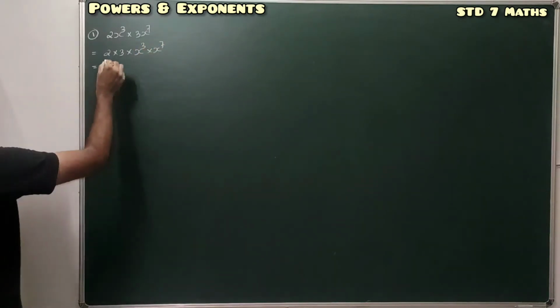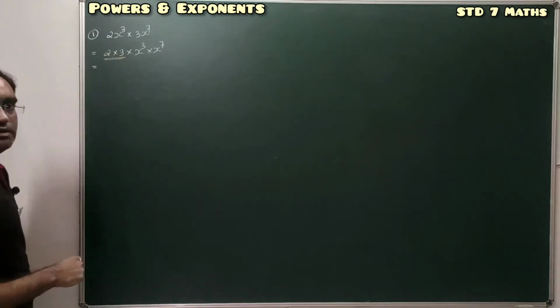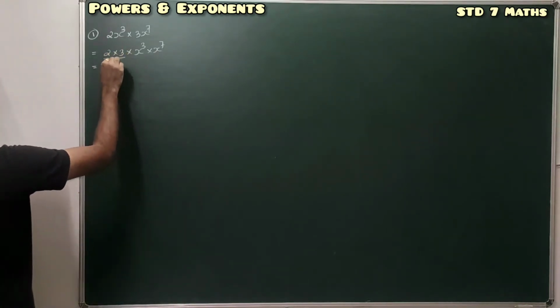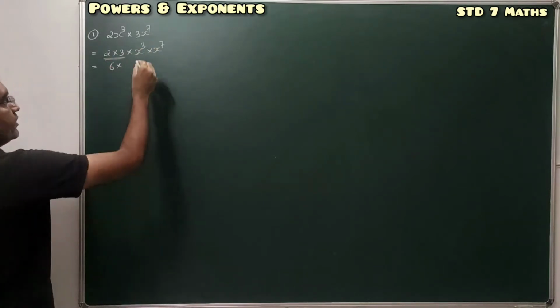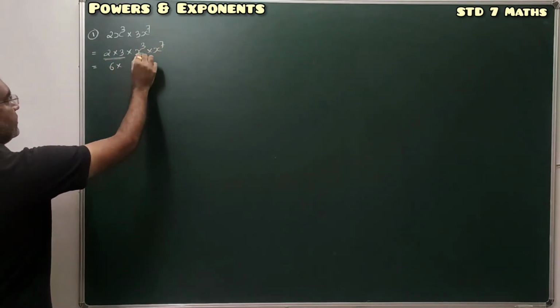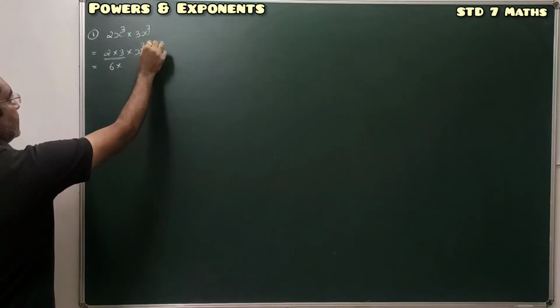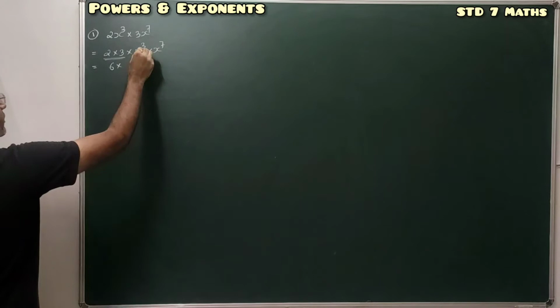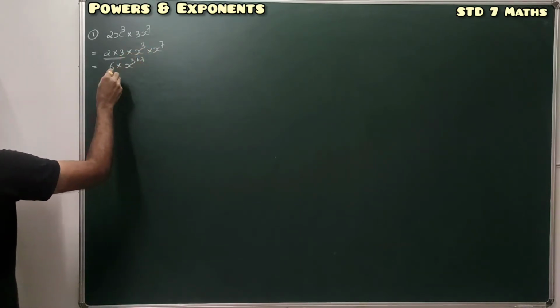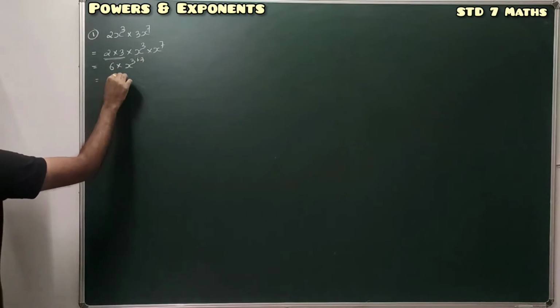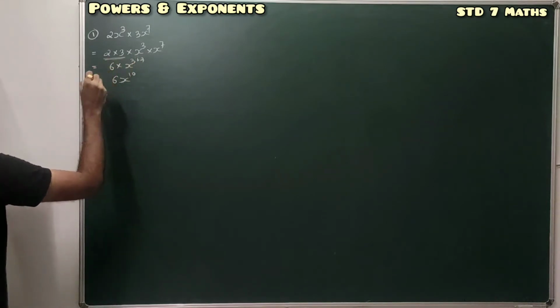For the multiplication of the constants, 3 2s are 6. For the exponents, two powers are in multiplication and the base is equal, so we can perform addition of the powers. 3 plus 7 is 10, so the answer is x raised to 3 plus 7, that is x raised to 10. So 6x raised to 10 is the answer.